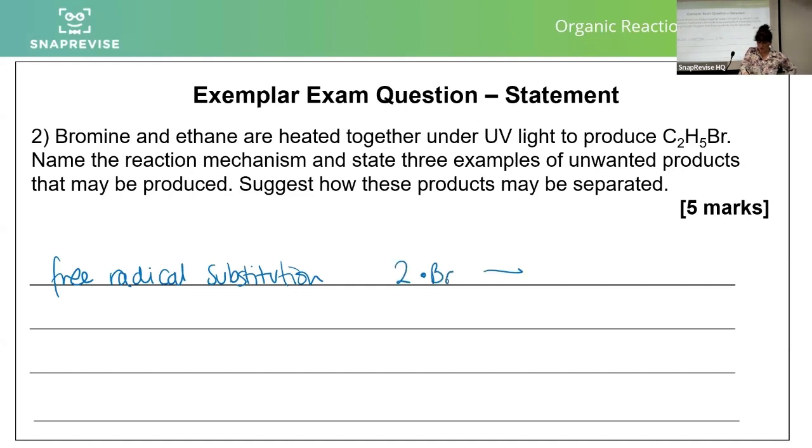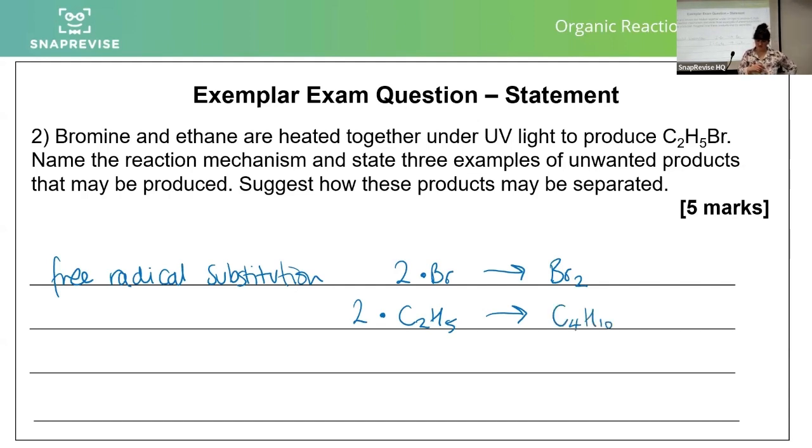So if 2 of those were to combine, we would end up with Br2. That's unwanted because we're trying to produce C2H5Br. So Br2 is going to be unwanted. What's the alkane radical that's going to form? Well, it's coming from ethane, C2H6, so it will be a C2H5 radical once we've removed one of the hydrogens. So if I have 2 of those, that's going to produce an unwanted side product that's C4H10.